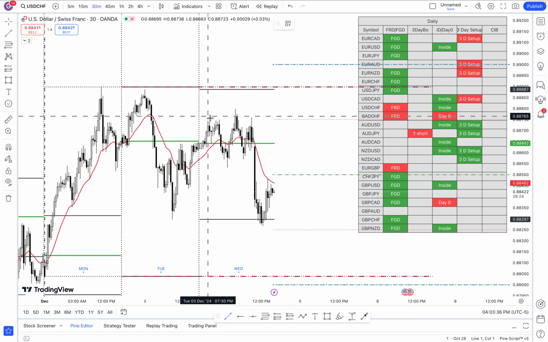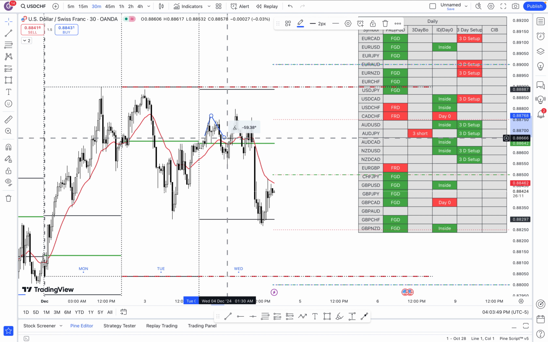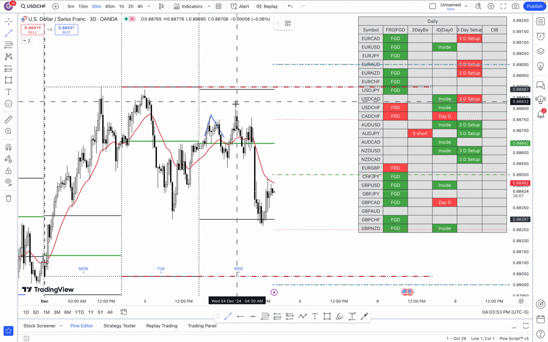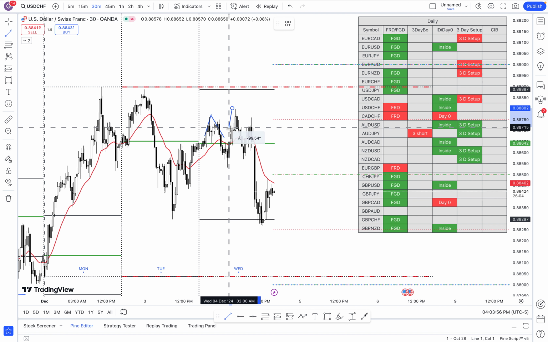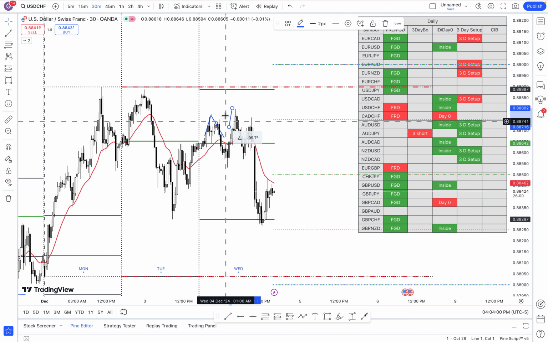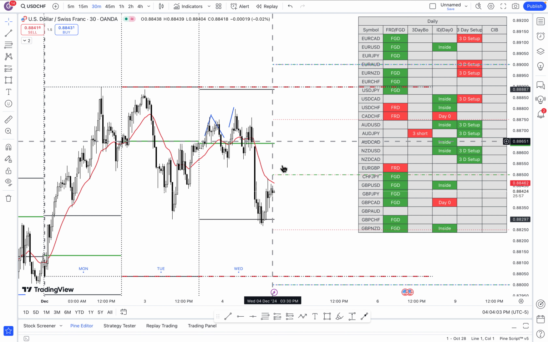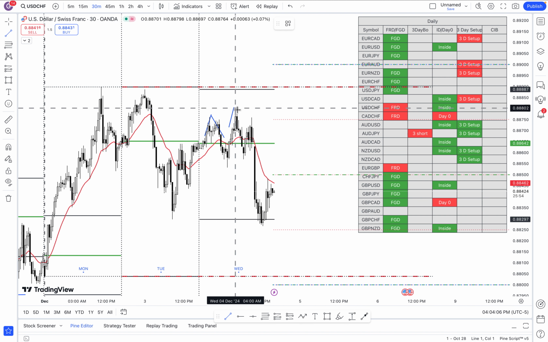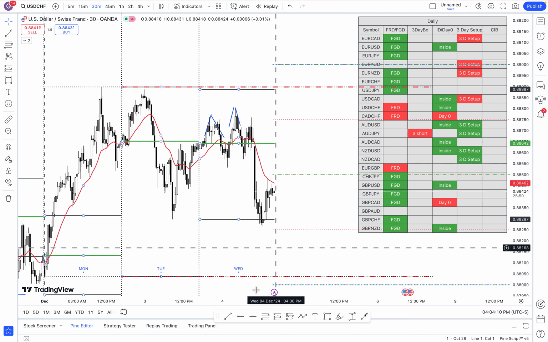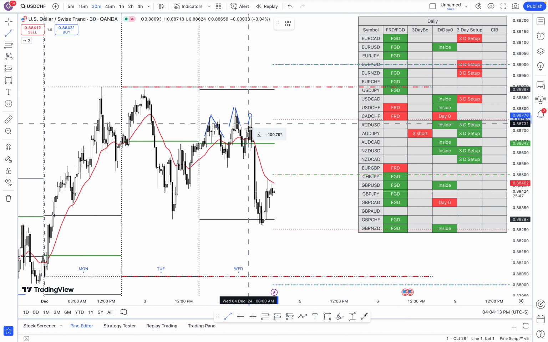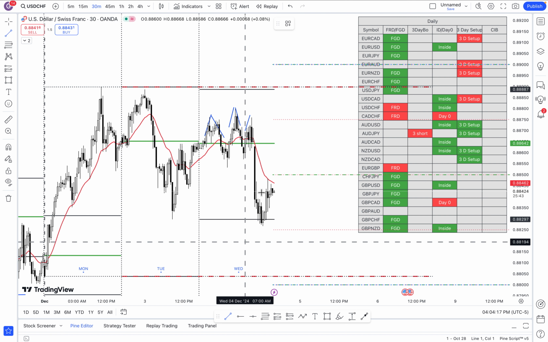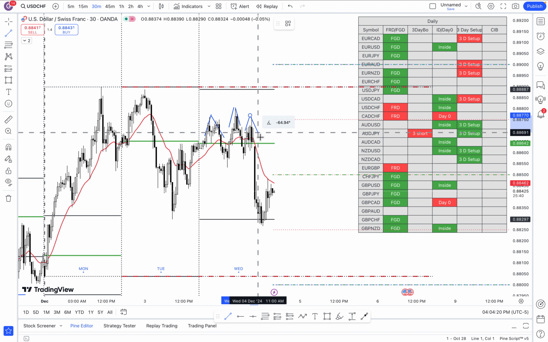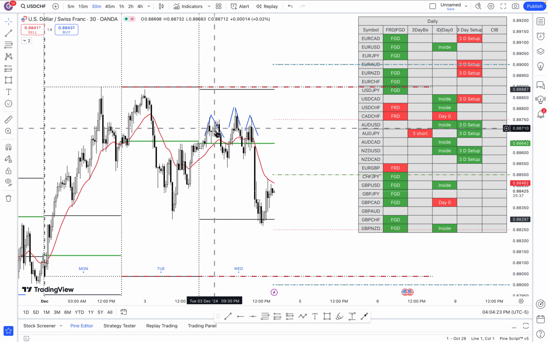We have, I think this is our Asian range. It should be our Asian range. 1, 2, 3.